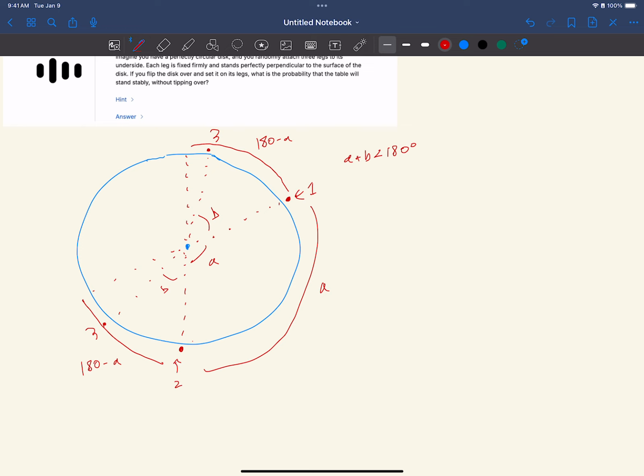And so as long as our point falls within one of these three areas, we're good. The table will fall over. So the question becomes, what's the probability of falling in one of these three areas? Well, all we have to do is take this sum and divide by the total angle of the circle, 360 degrees.